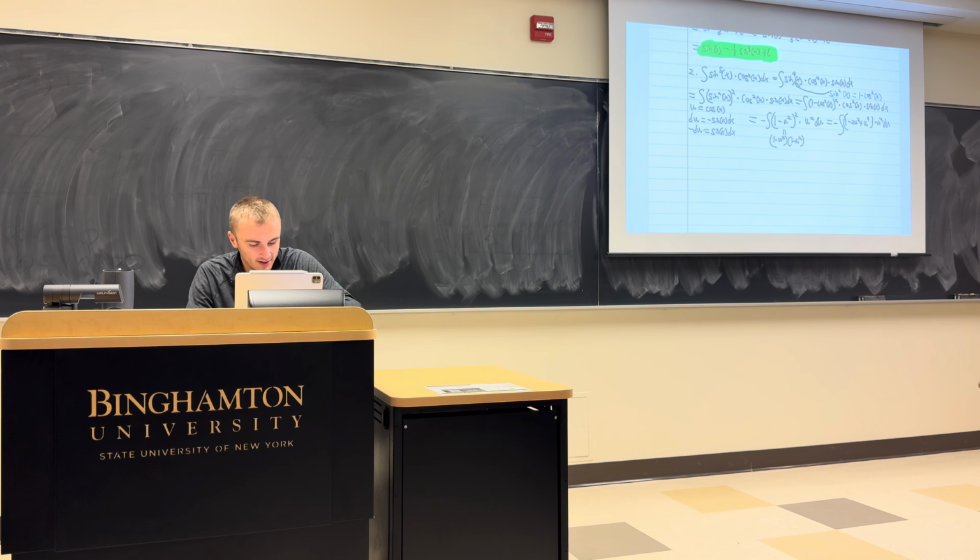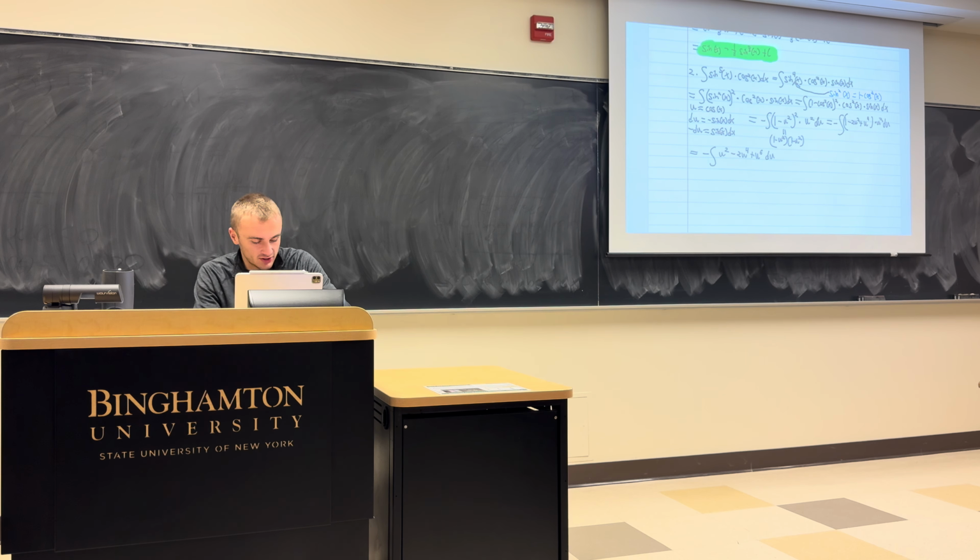Now we'll come down here, so we're just following the equality chain over here. And we'll rewrite this as negative integral, and now we just need to distribute that u squared inside the parentheses there. It's going to be negative integral of u squared minus 2u to the fourth plus u to the sixth du.